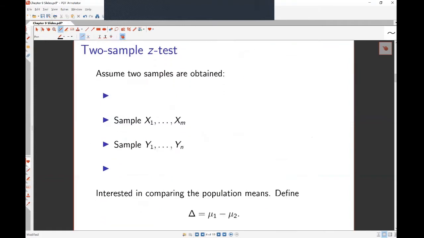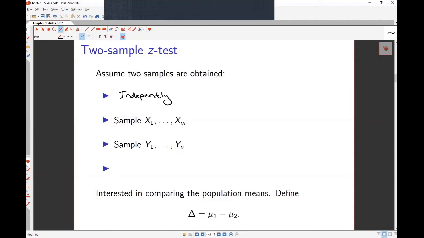And we are going to consider two different scenarios in which we can implement a z-test today. So because we have two populations, we need to have two different samples. And we are going to make the following assumptions about these populations. Firstly, we are going to assume that these samples are obtained independently of one another.